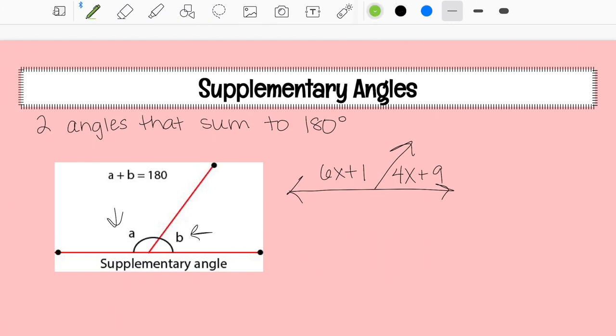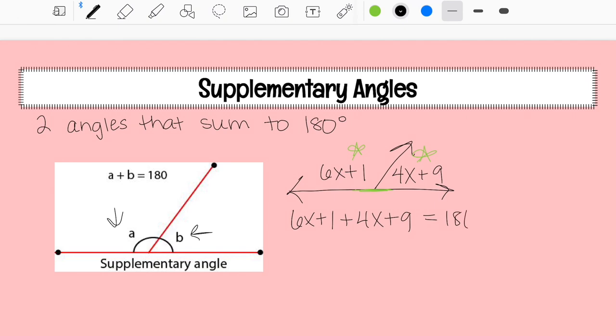Now, because our first angle right here and our second angle right here do form this straight line, we know that their two angle measures combined will be 180.